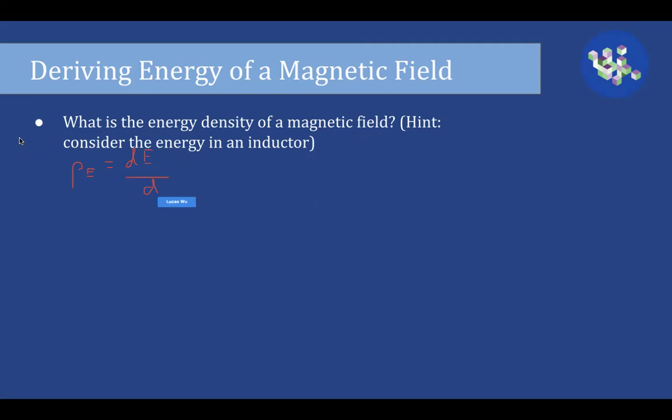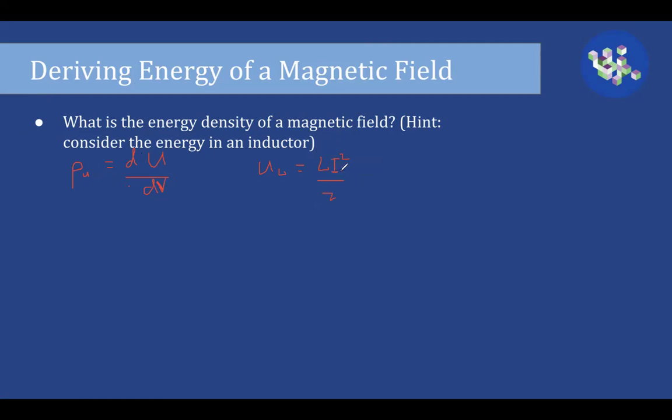Or to not confuse the E with the electric field, let's just call it U because it's a potential energy anyways. So energy density rho U would be equal to dU over dV. And remember what we got for an inductor: U of an inductor is equal to L I squared divided by 2. So try to go from there.